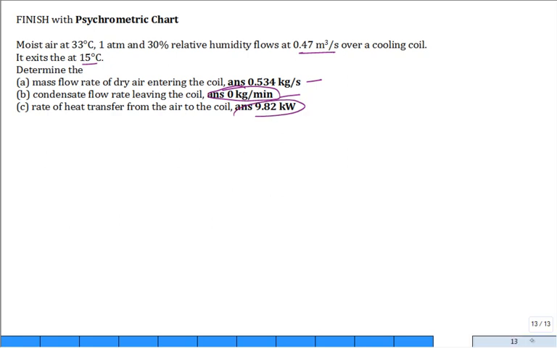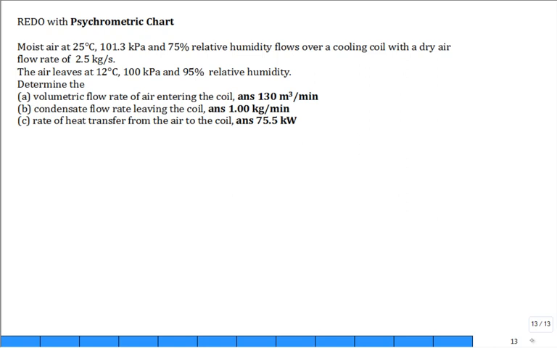All right. Well, what happens if it comes out a little colder? 12 is a little colder, isn't it? And it's going to come out often. It never really comes out 100% relative humidity, but it's really close. So we picked 95% relative humidity.